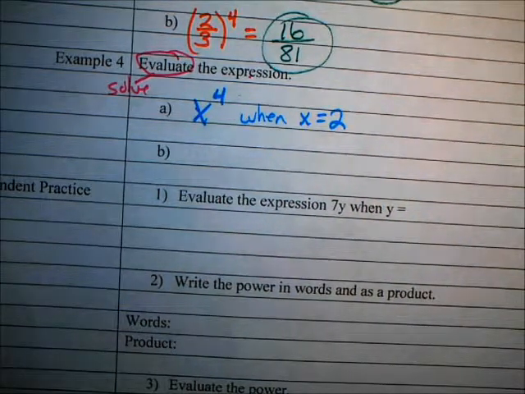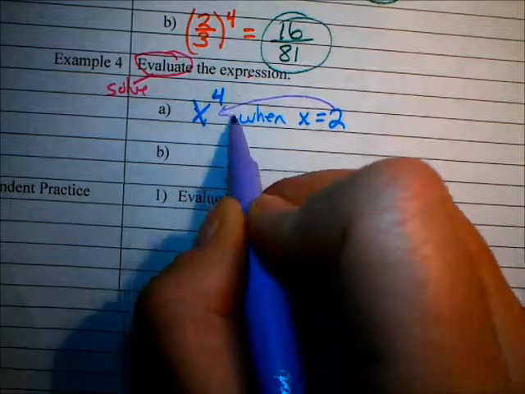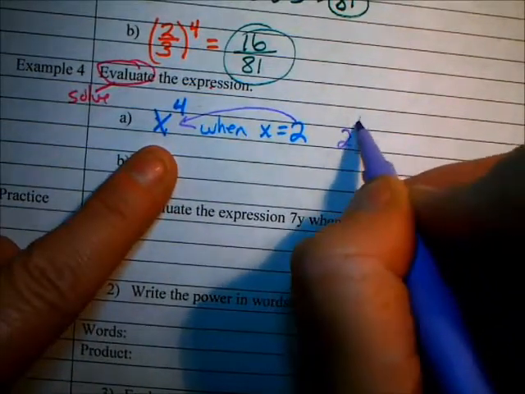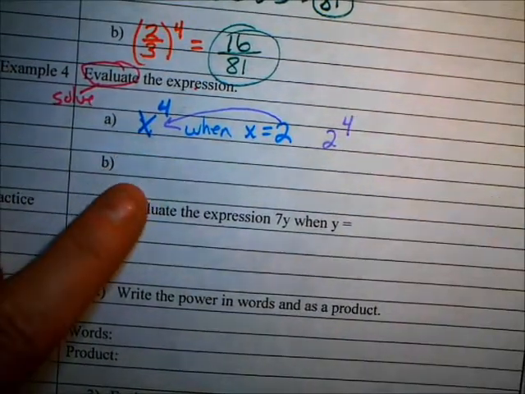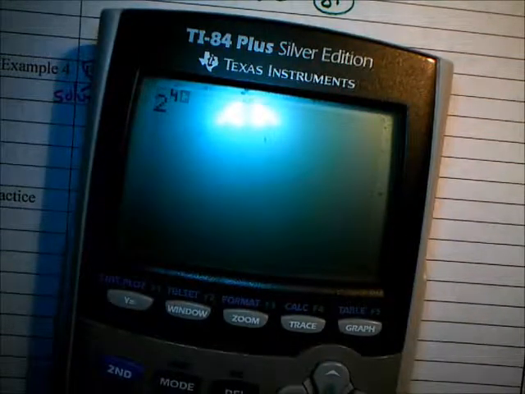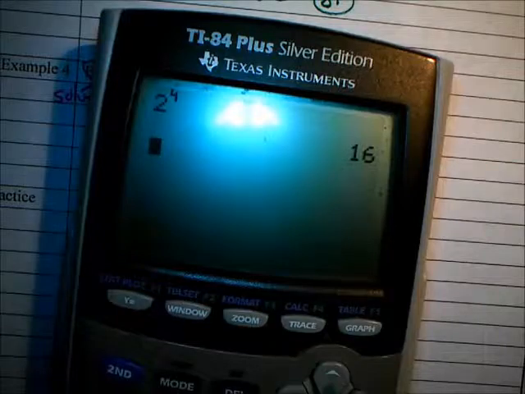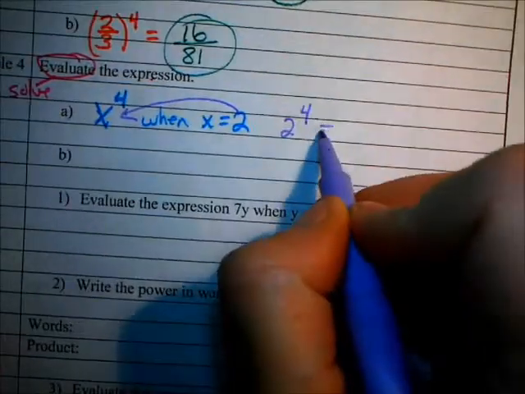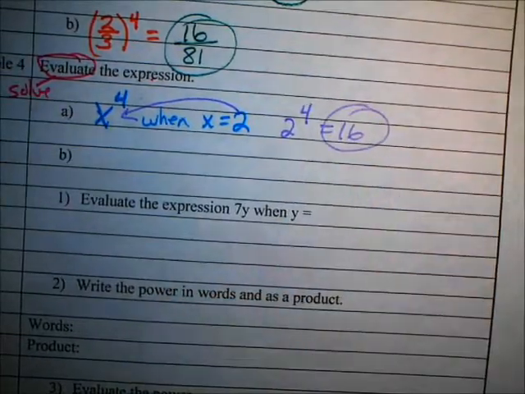Well, if I replace the 2 in for the x, that means this changes to 2 to the 4th power. Well, if I type it in, 2 raised to the 4th power, that equals 16. And that's my answer.